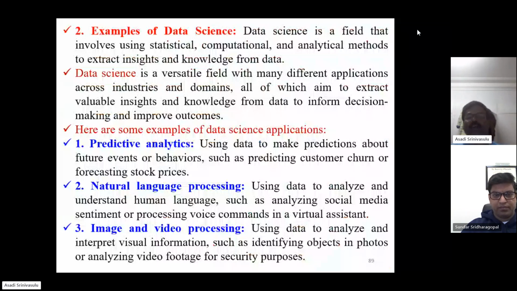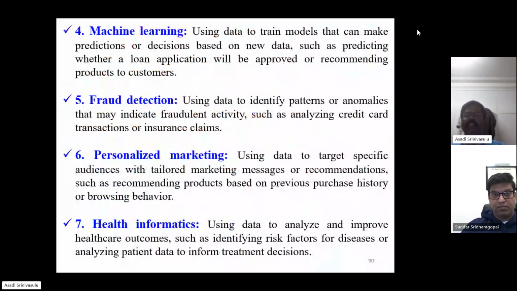Then image and audio-video processing, with examples like the chest X-ray image of a COVID-19 patient. So I'm dealing with image classification: which image belongs to positive, which image belongs to negative. These are the examples of data science, and a few more examples like machine learning.